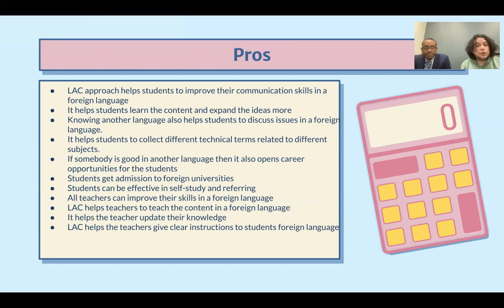Furthermore, if somebody is good in another language, then it also opens career opportunities for those students as well. Another benefit is students can get admission to foreign universities as well, if they are able to develop their skills in learning language across different curriculums, right?